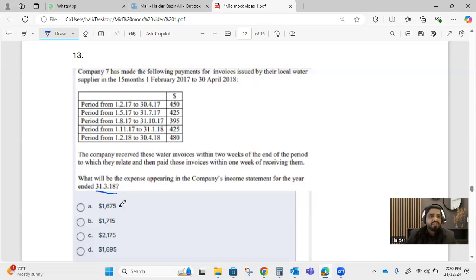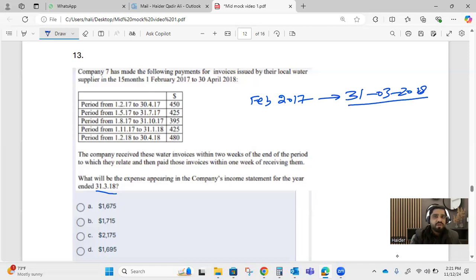Students, you need to understand, if the year is ending 31st March, then the year is starting from February 2017 till 31st of March 2018. If the year is ending at 31st of March, it means the year was started at 1st February.